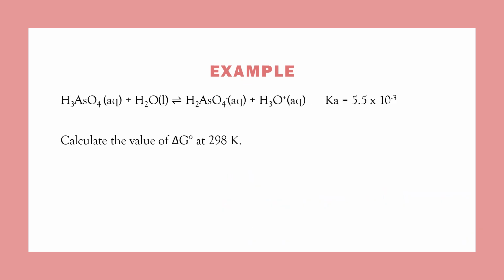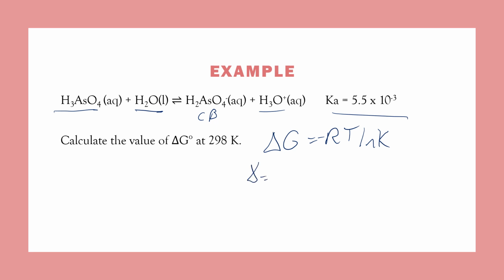So here's another example. We have our weak acid dissolving in water to form the conjugate base and hydronium. So it has a Ka value because it's a weak acid in water. But because we know the equilibrium constant, we can find delta G equals negative RT ln K. So you would do negative 8.314 times the temperature in Kelvin, which is 298, times ln of our equilibrium constant, which is 5.5 times 10 to the negative 3.